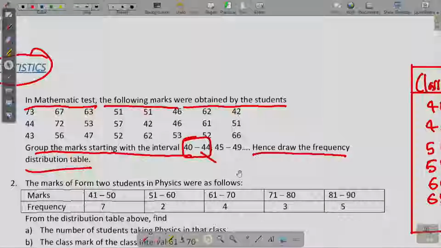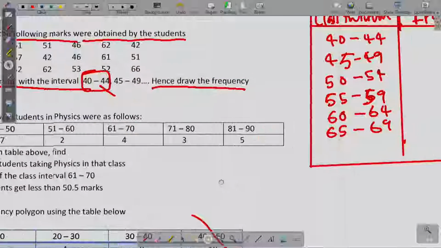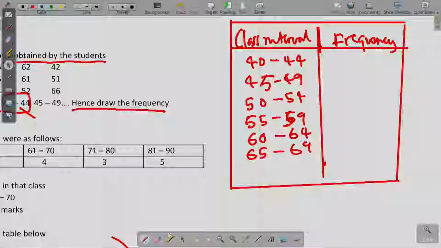My largest mark here is around 70, so I have to continue. Here I get 70 to 74.